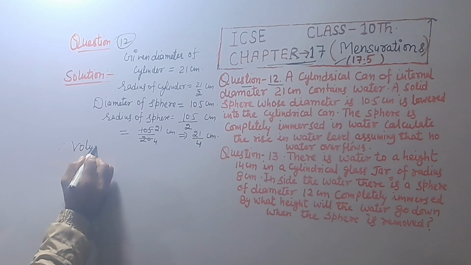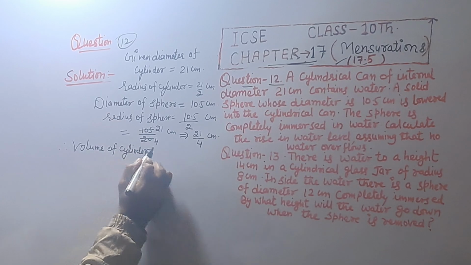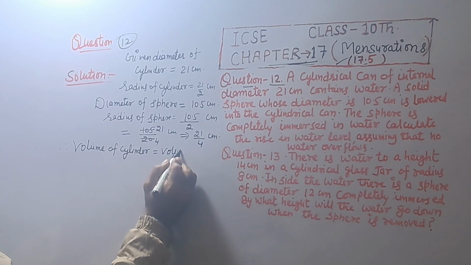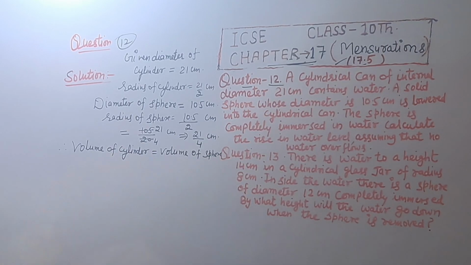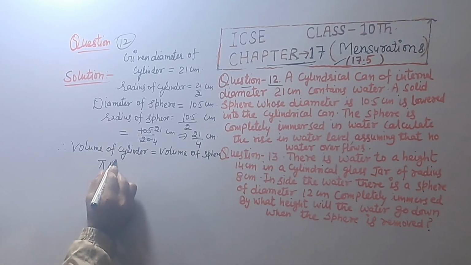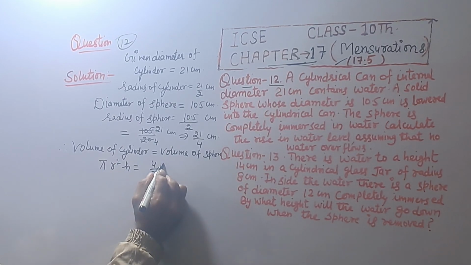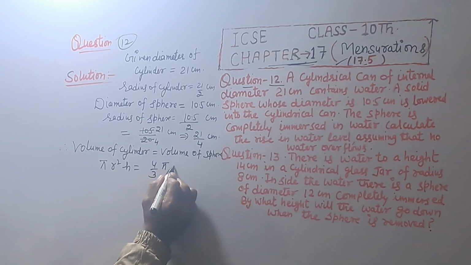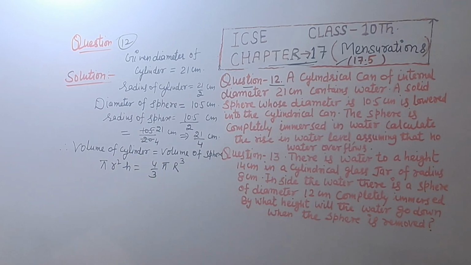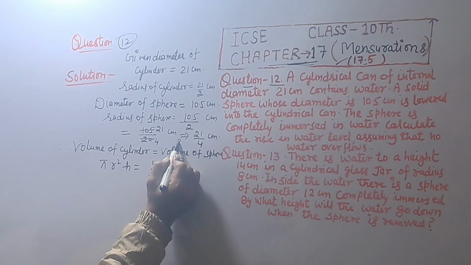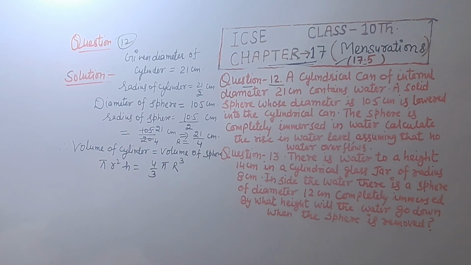So volume of cylinder is equal to volume of sphere. Pi r square h equal to 4/3 pi R cube, where capital R is the radius of the sphere.